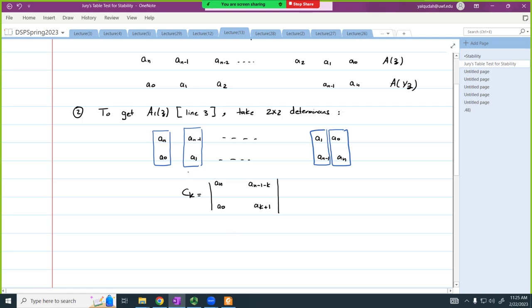So this one is going to be used for c_0. This is for c_{n-1}. This is for c_{n-2}, and so on and so forth.